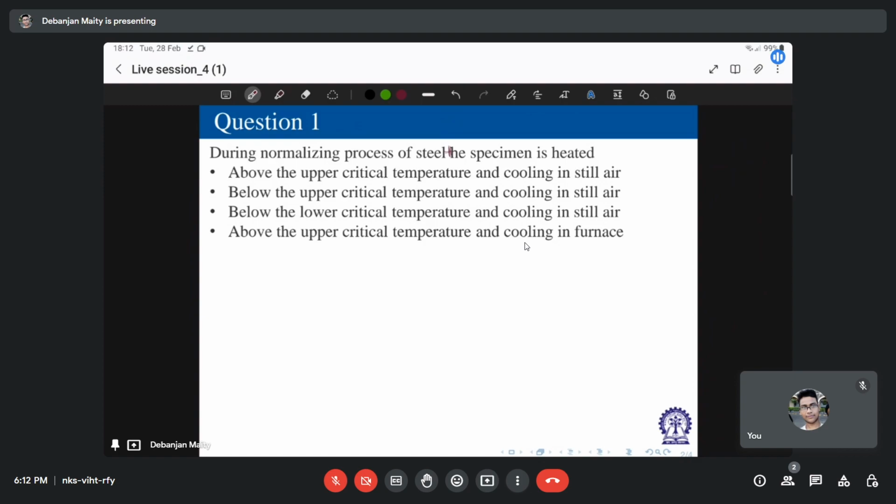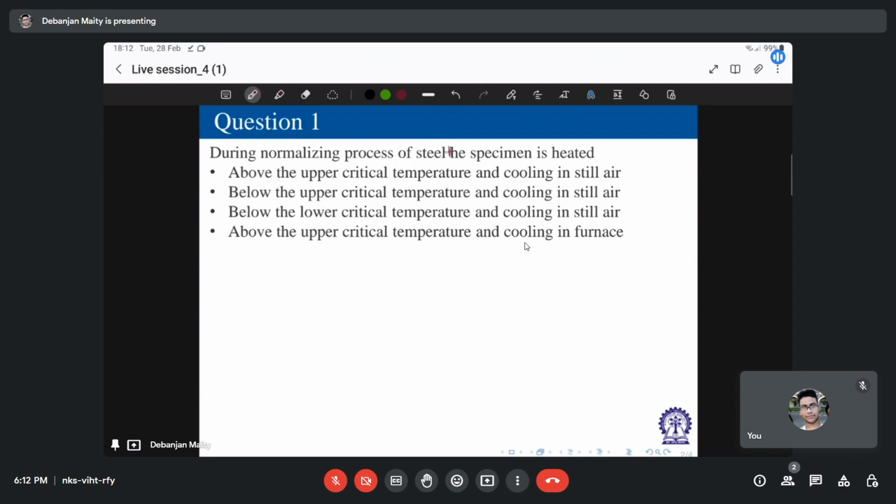Mainly to refine the grain structure, improve machinability, relieve the internal stresses produced during cold working, and sometimes to improve the mechanical properties of structural carbon and low alloy steel.